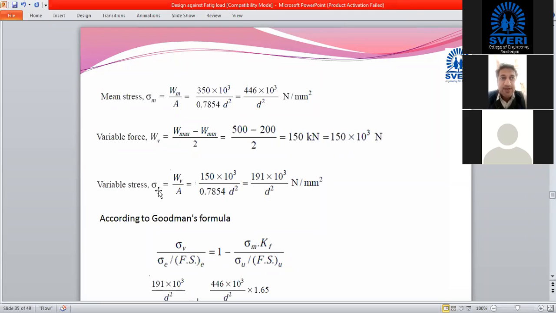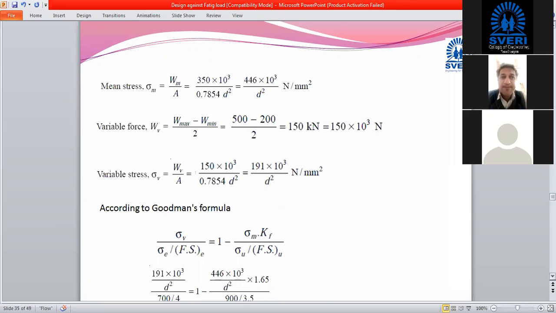The variable stress which we get is load upon area. So 150 into 10 raised to 3 divided by 0.7854 d square, which is 191 into 10 raised to 3 divided by d square Newton per millimeter square.